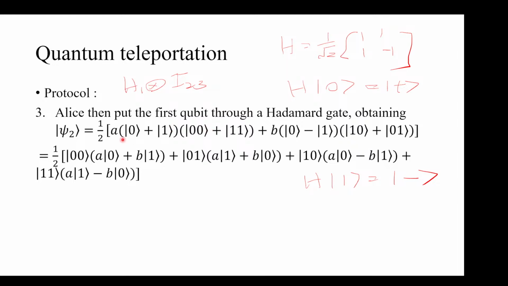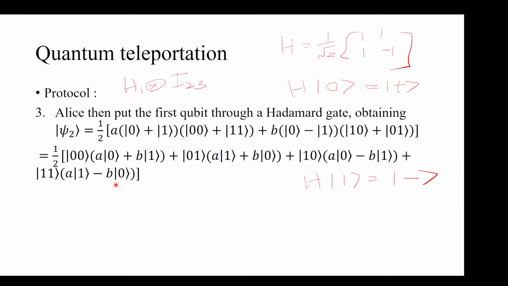And this 1, 0, 0 has coefficient a, so we can put this coefficient a with this 0, because for tensor products, scalar multiplying on each part is the same because they are a product. And so this is 1, 0, 0 with coefficient a. And also we have 1, 0, 1 here with coefficient minus b. Okay, so it's a 0 minus b, and you can check that we have those 4 calculations correct.